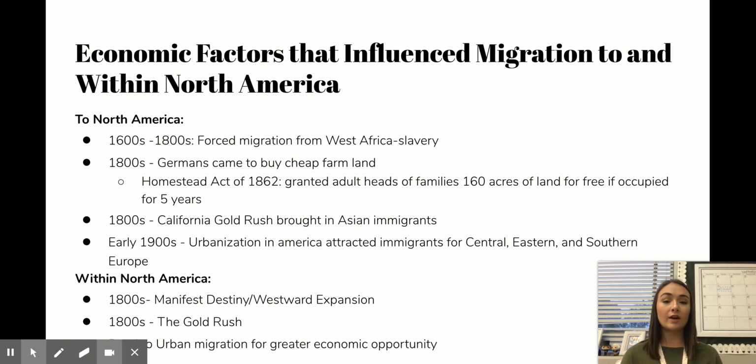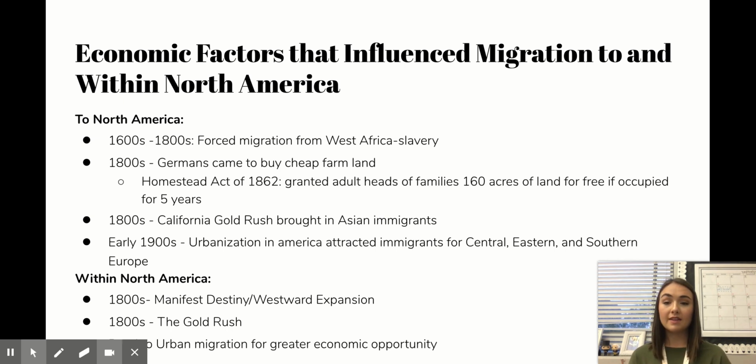And so they granted families 160 acres of free land if they would just live on it for at least 5 years. And so a lot of Germans actually came over, sought citizenship so that they could have that cheap farmland. Also in the 1800s, we have a rush of Asian immigrants to California because of the California gold rush.